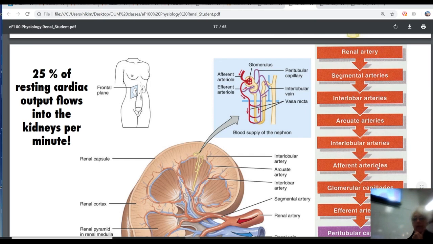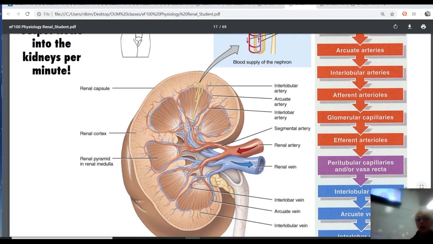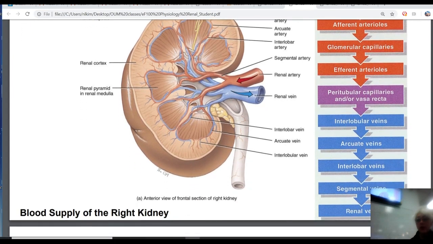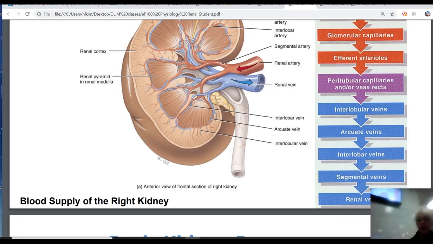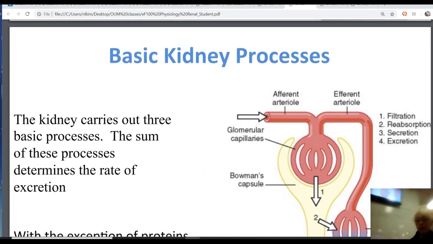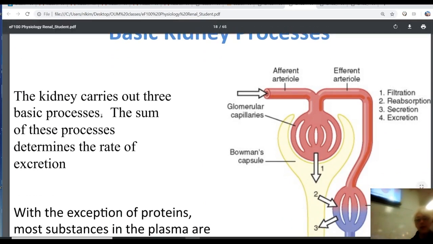So this kind of breaks down the arteries. I'm not going to test you on all the renal artery breakdown, but notice you go from arteries and arterioles to capillaries. You can go back to arterioles, and basically capillaries are going to go to venules. That's not taking us there. So this is kind of a basic breakdown of the kidney.